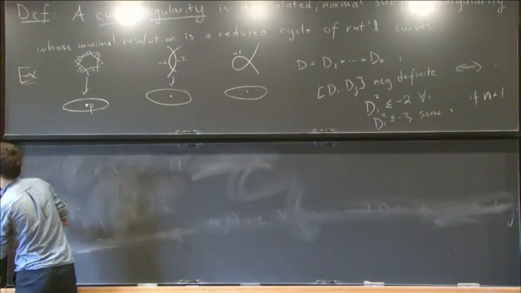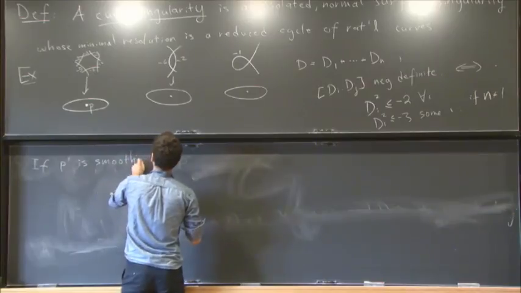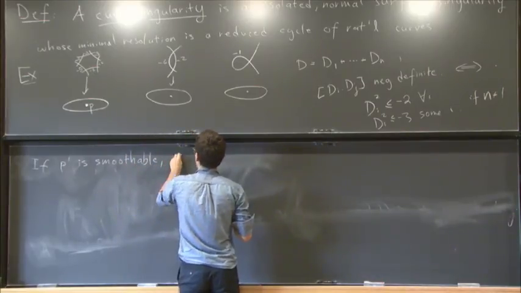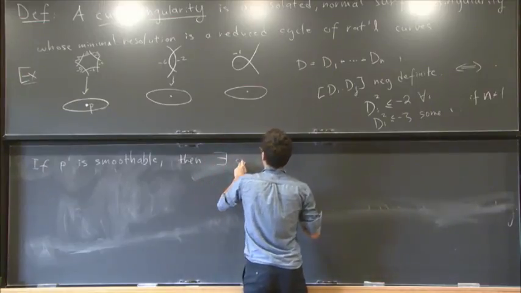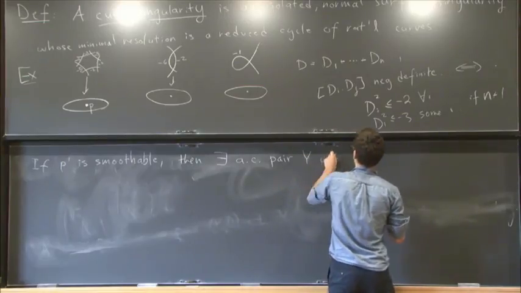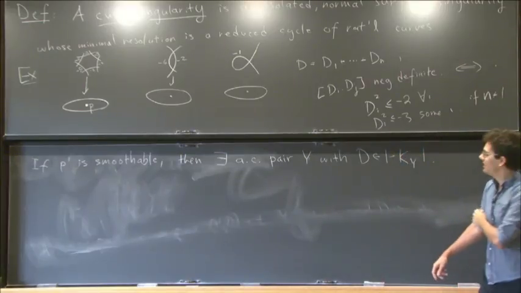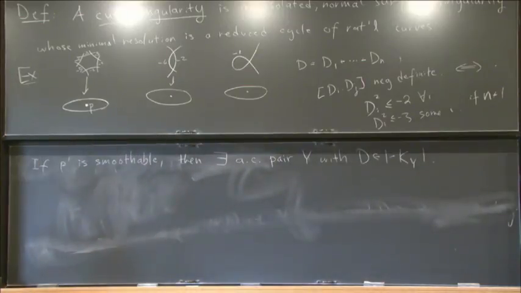In particular, if P prime is smoothable, then there exists an anti-canonical pair, Y, with D as its anti-canonical divisor. You may not have a smoothing.